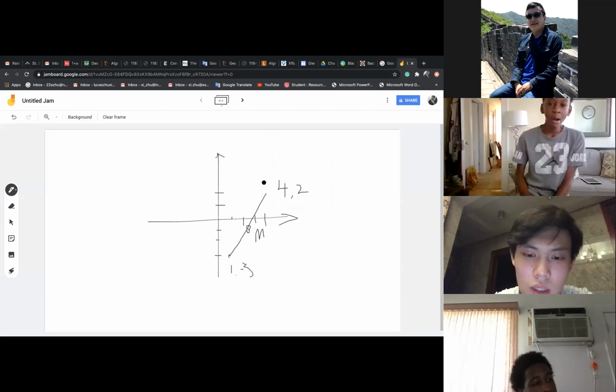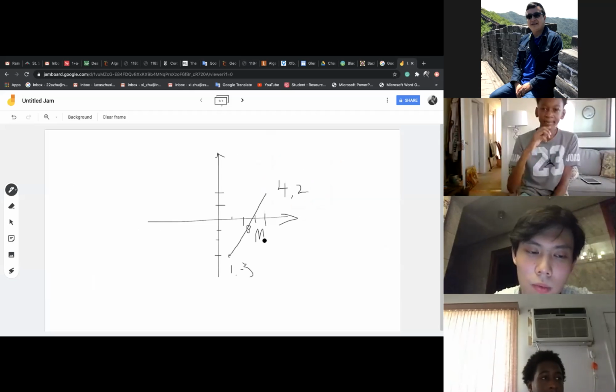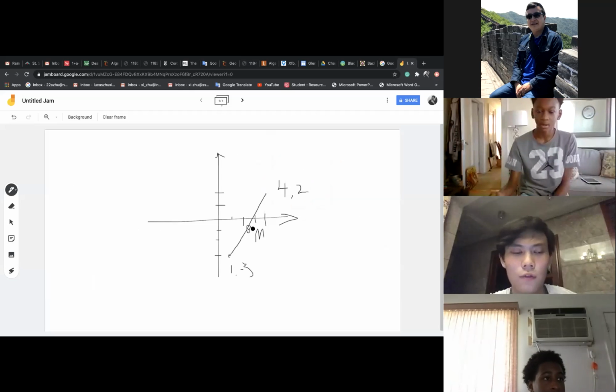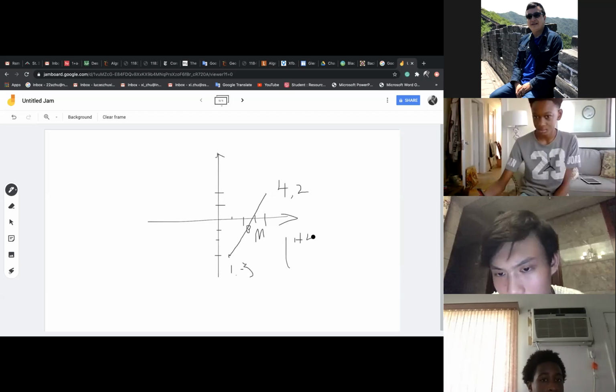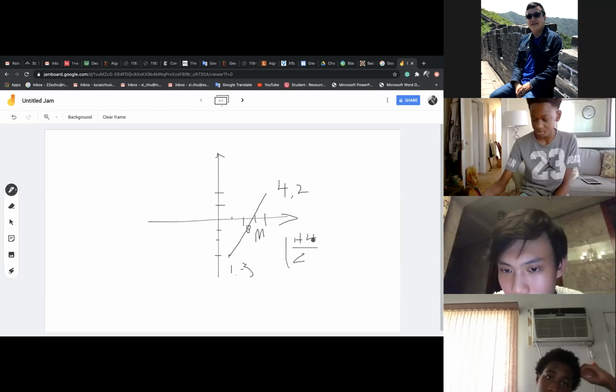So what do you guys do here if you want to get the midpoint value? If you want to get the x value. 1 plus 4 divided by 2. Yep. So the first point is 1 plus 4 divided by 2, right? Which is 5 over 2.